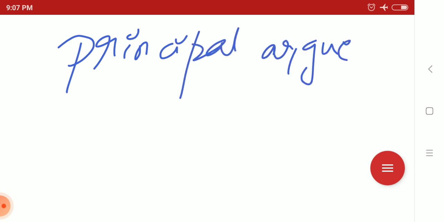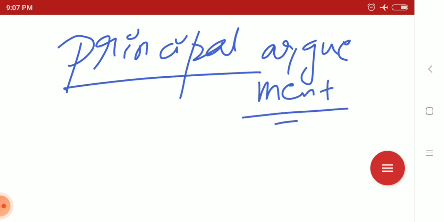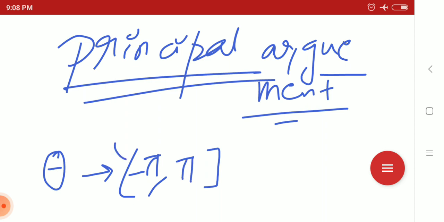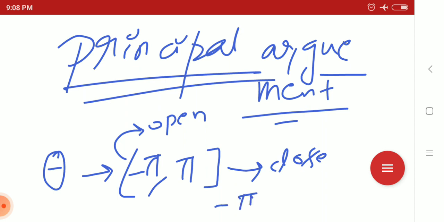Principal argument of any complex number: if theta lies between minus pi and plus pi, with an open interval on one side and a closed interval on the other, it actually denotes minus pi less than theta less than or equal to pi.